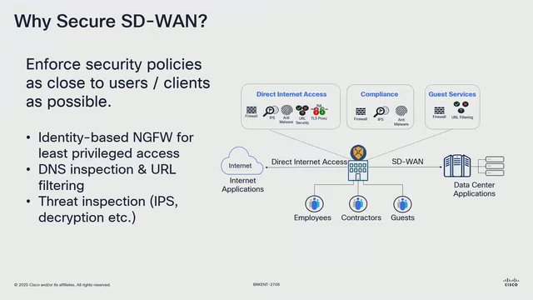Because you had your security stack at your headquarters where you did all your inspection and rules and stuff like that. Well, if I'm going to have direct internet access, I've got to do all that security stuff right in the branch. So with secure SD-WAN, now I can do things like URL filtering, DNS inspection, maybe intrusion prevention, maybe decryption, all right in that branch platform.